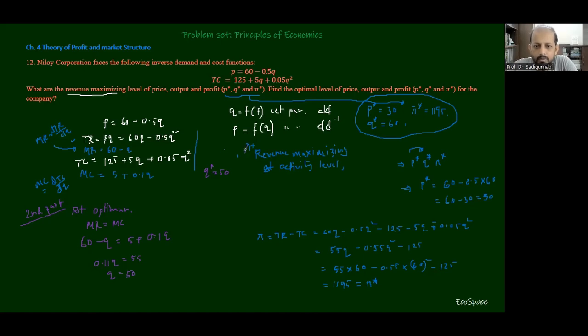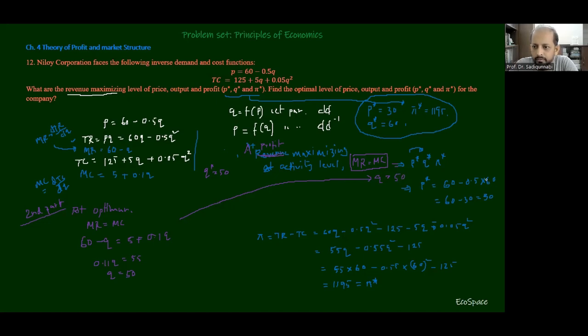So at the profit maximizing activity level, not revenue here, at the profit maximizing activity level, MR equals MC. This is the condition for the profit maximizing activity level. As we found from this, Q star equals 50.